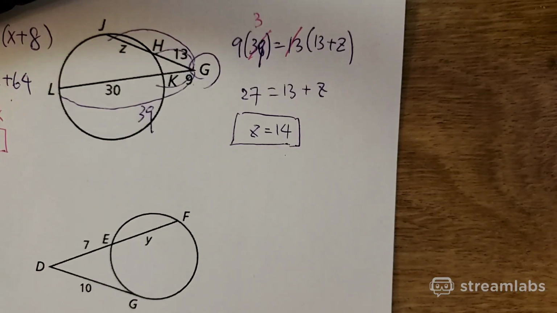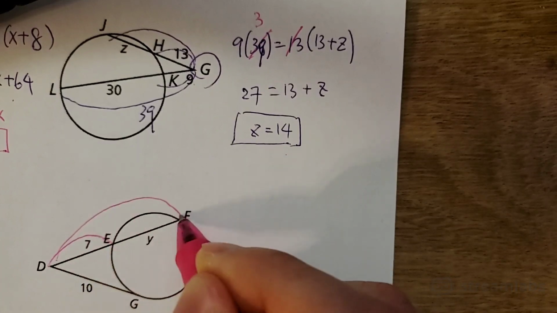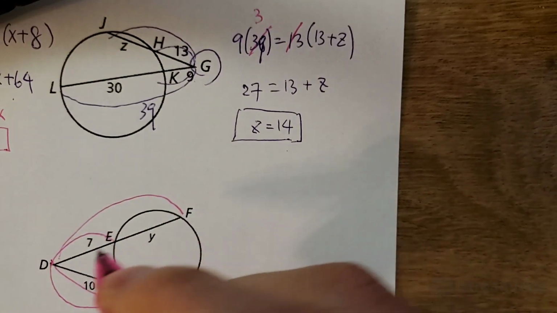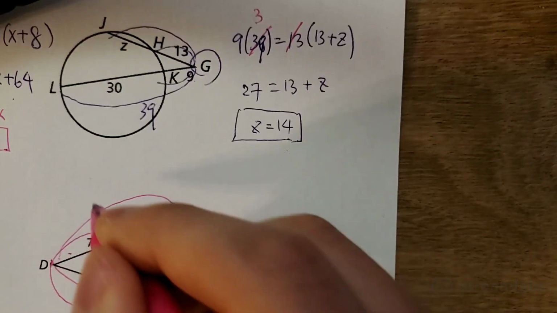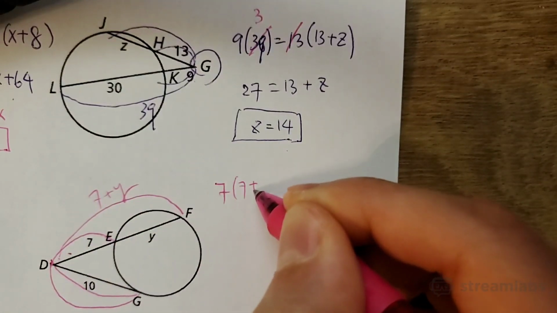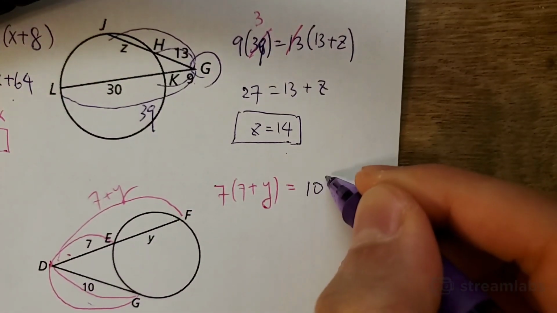Last one. This times this is equal to this times this, right? So 7 plus y, right? So 7 times 7 plus y is equal to 10 times 10, which is 10 squared.